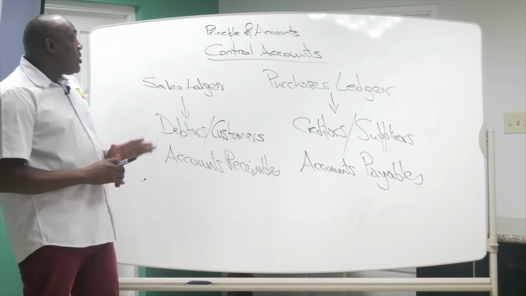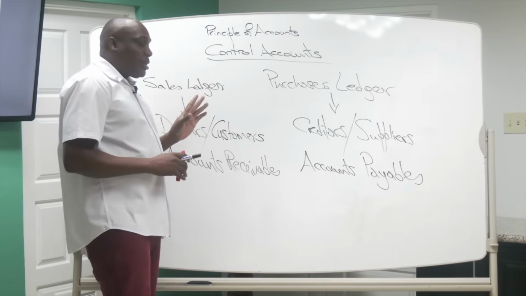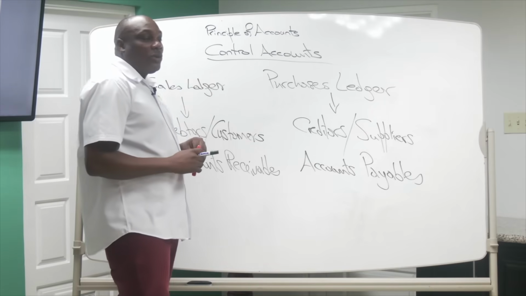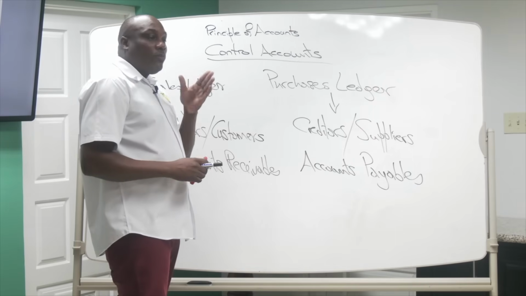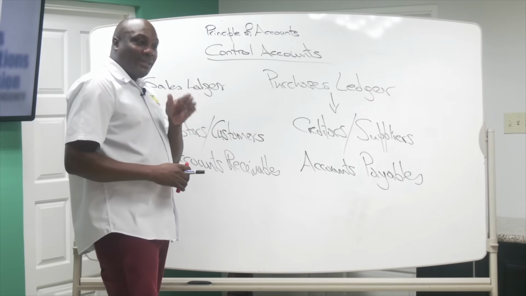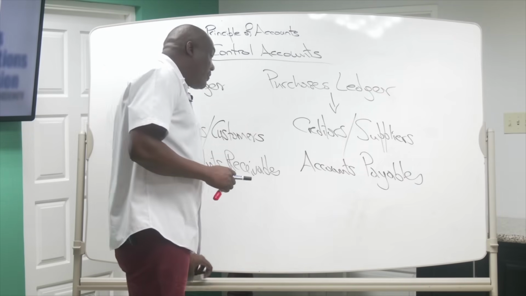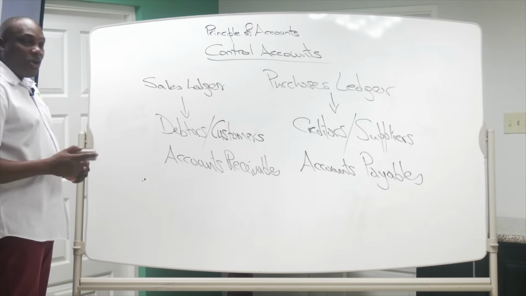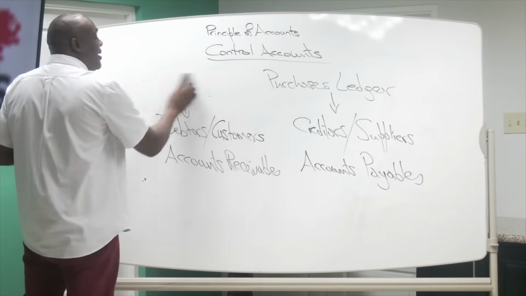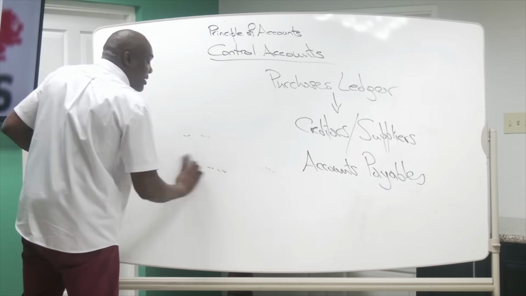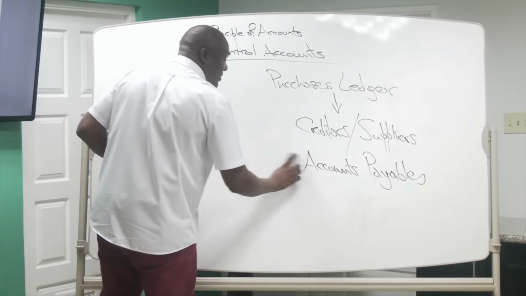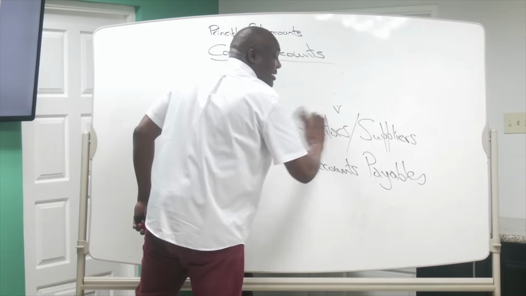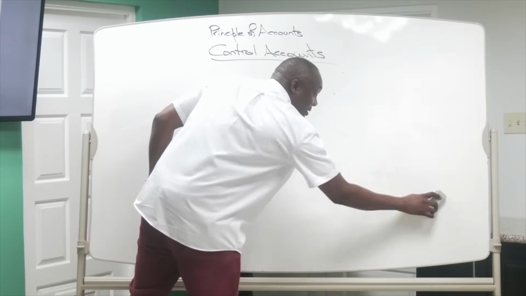Now, so control accounts, there are two types of control accounts that you must consider for your CSEC examination. The first one is the sales ledger control account, and the second one is the purchases ledger control account. Again, you see the names are interlinking, students.